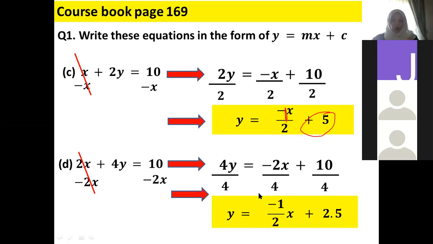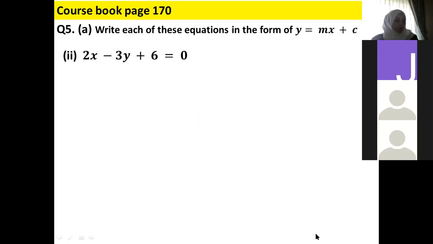That means y equals minus half x plus 2.5. That is right. Okay, Sarah, what is the gradient? Minus half. Excellent.